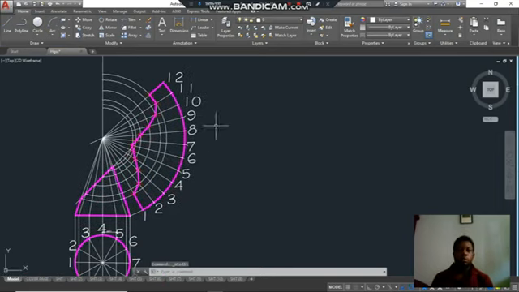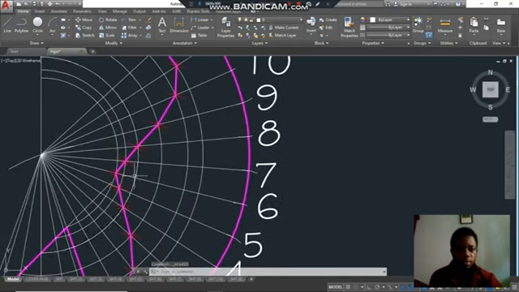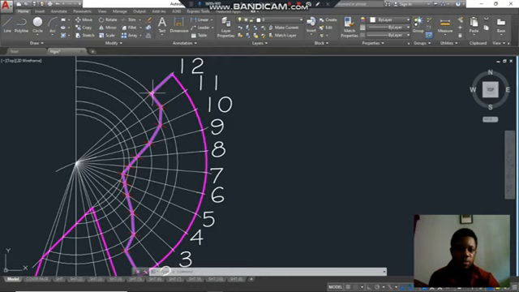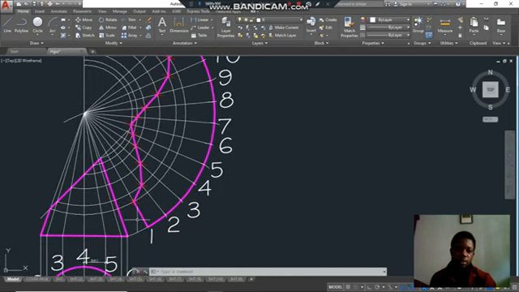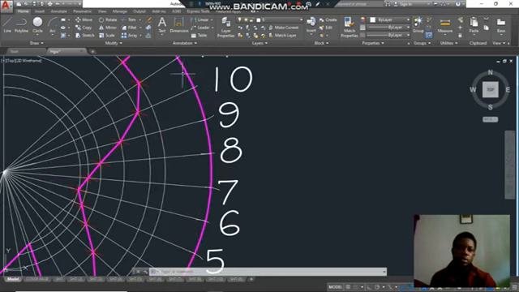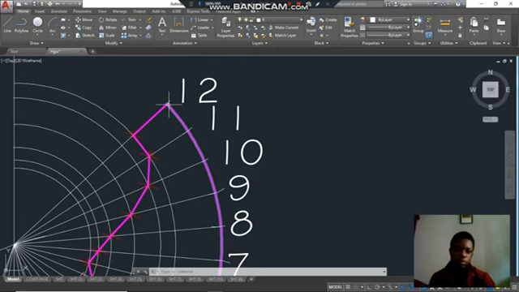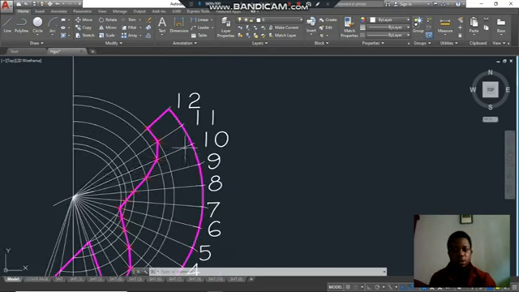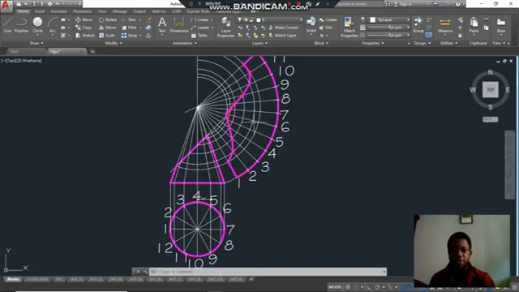Okay, then pick out the point and then use your French curve to neatly curve out this line. Okay, neatly curve out this line to this point, and this also to this point. This line, this is a line, and then this arc to this point, and you have your development.